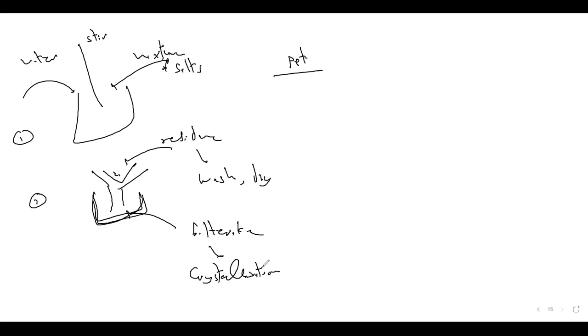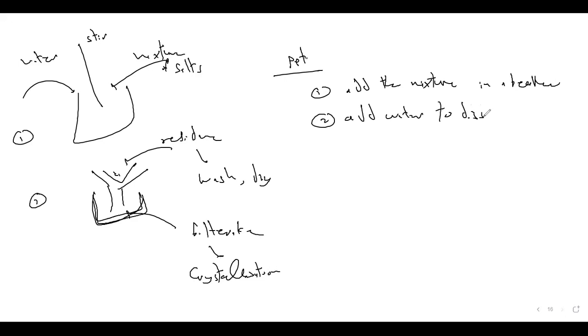So again, in precipitation methods, number 1, add the mixture in a beaker. Number 2, add water to dissolve, then stir. Number 3, filter the mixture.